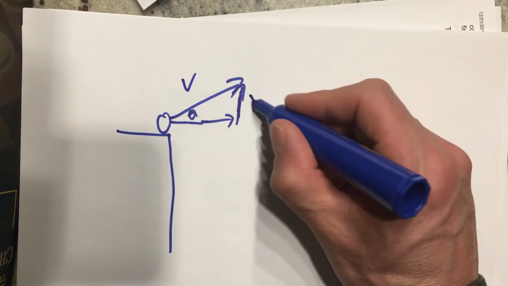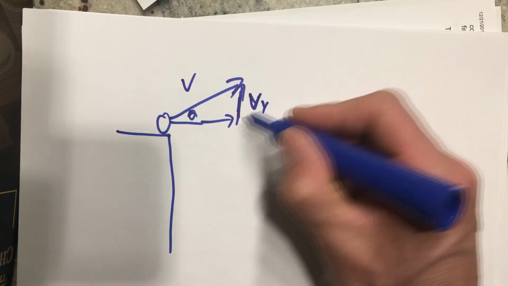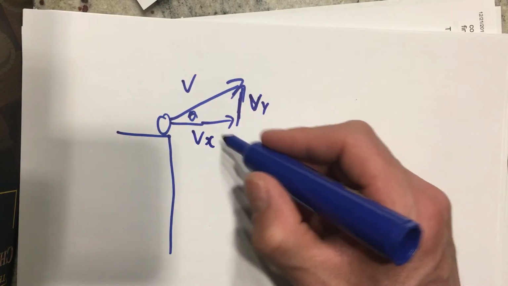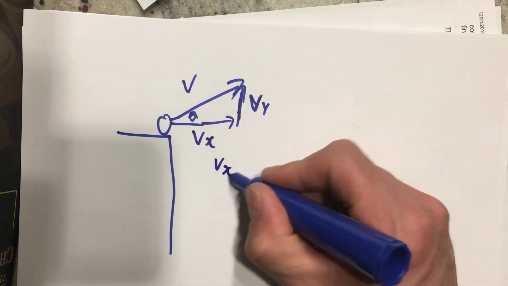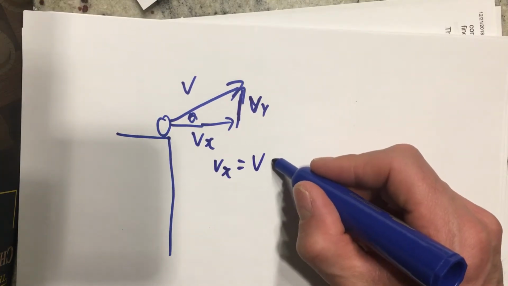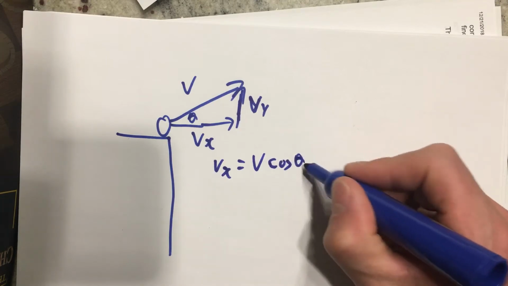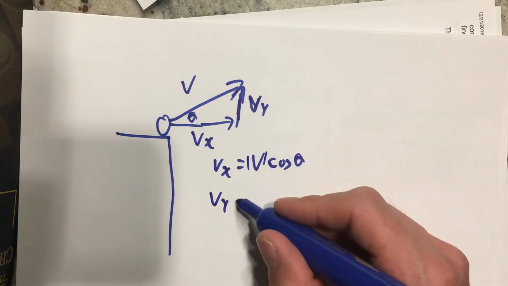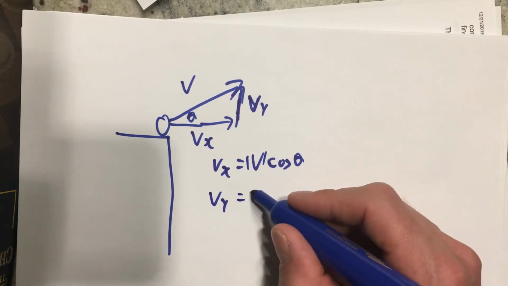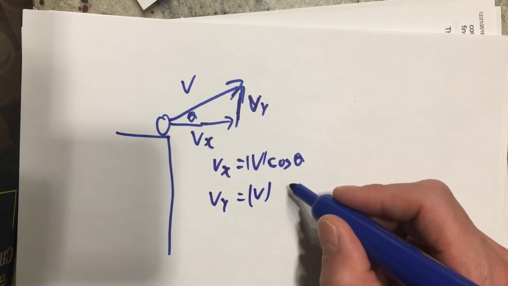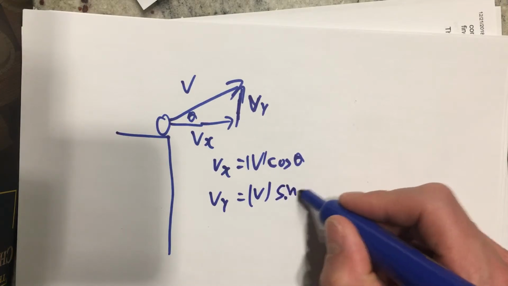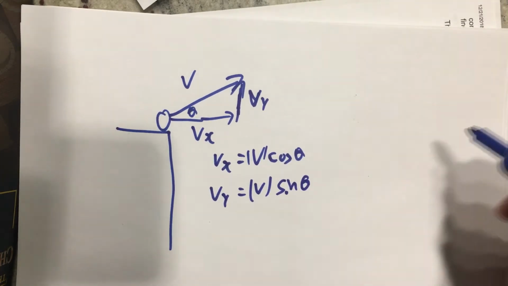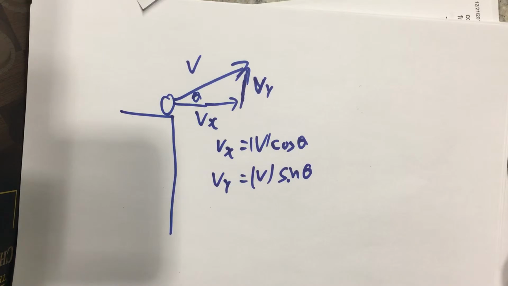So if that was V, this would be Vy and Vx. Vx would be the magnitude of V cos theta, and Vy would be the magnitude of V sine theta.